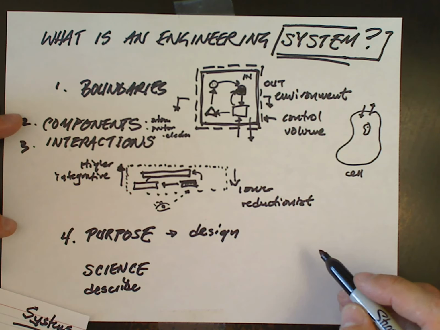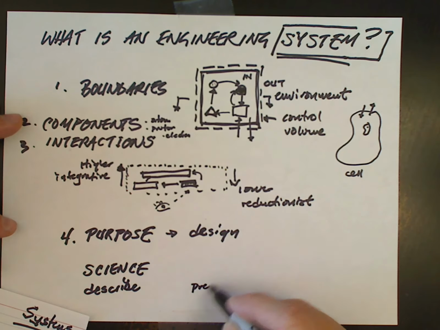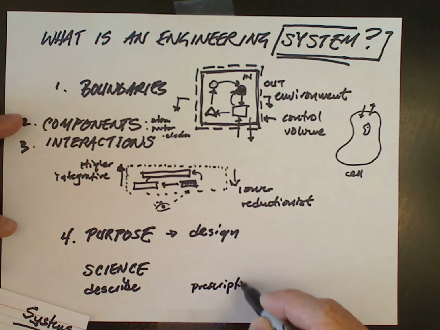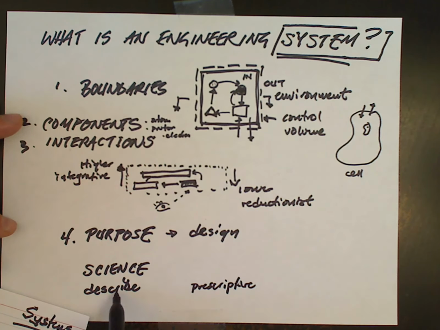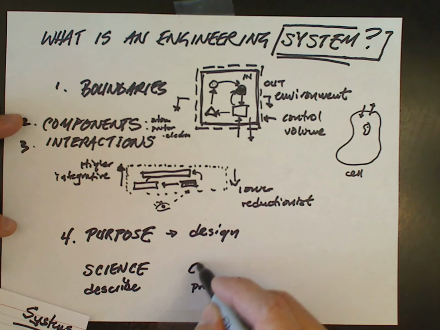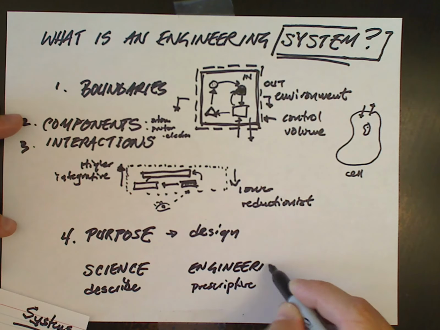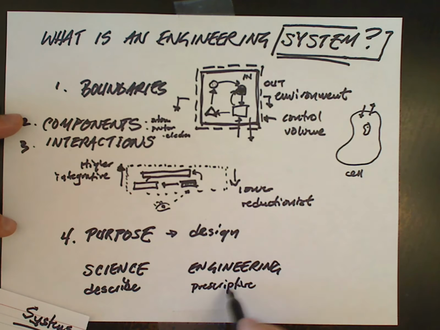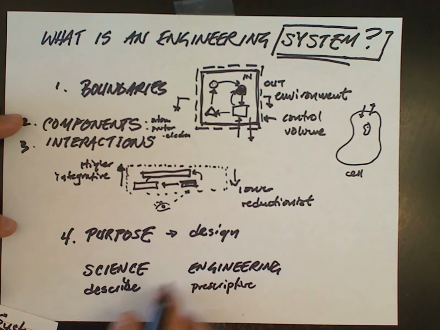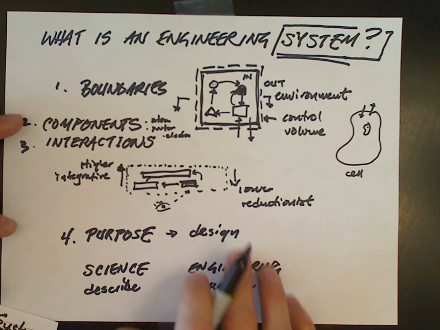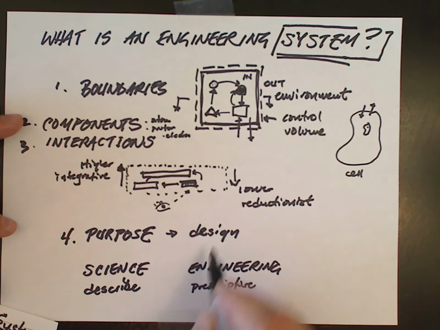But engineering is a prescriptive discipline. Engineering says what should be, not what is, but what's the world that we want to live in. Engineering might count all the raindrops and add them up and say, this is where we should have a river. Where science stops with the counting and the describing, engineering remakes the world in the interests or in the image of the design.